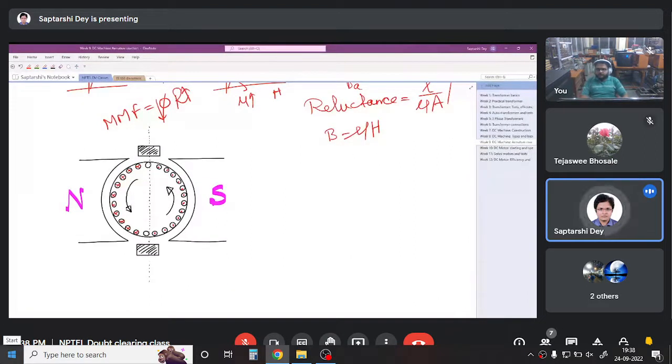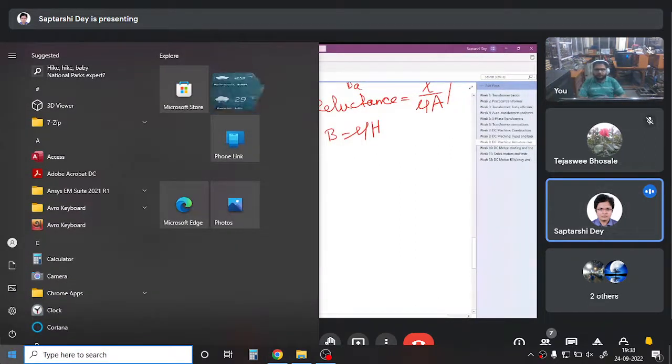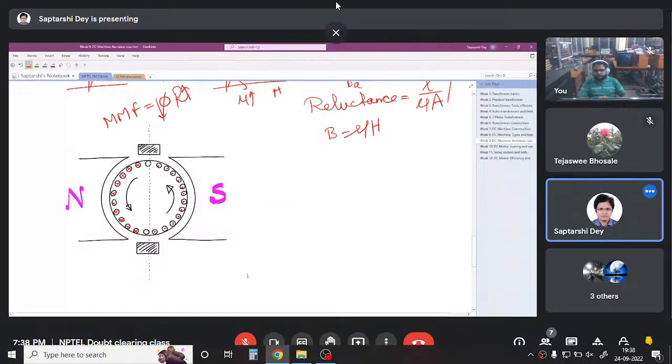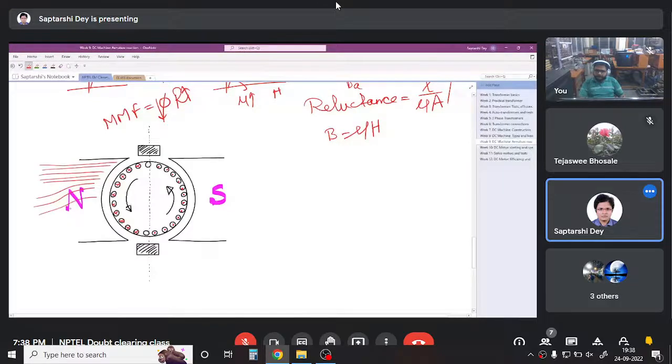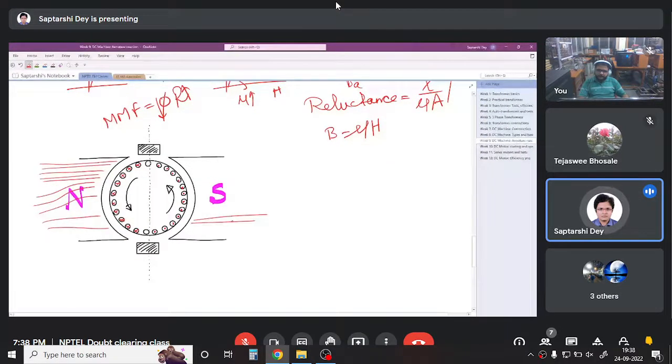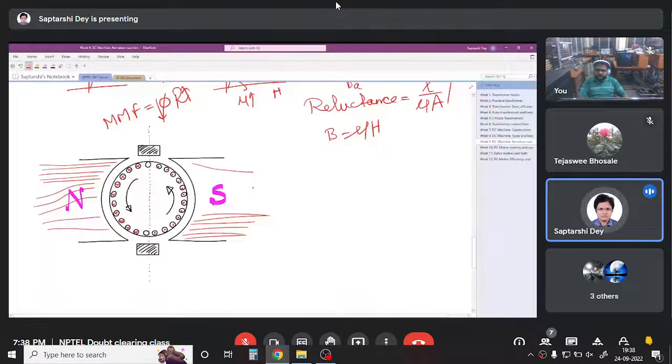So what we have now is a lot of flux lines concentrating in this region, and very few flux lines flowing here. Similarly, a lot of flux lines concentrating here and very few concentrating here.